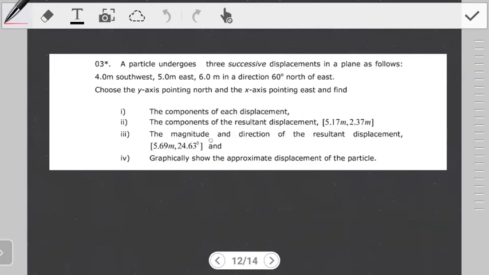Then using the components again to get the direction, and lastly, graphically representing the vector to show the displacement. Notice that this is a step-by-step approach to what we have been doing. So this is the question we'll look at in the next tutorial.